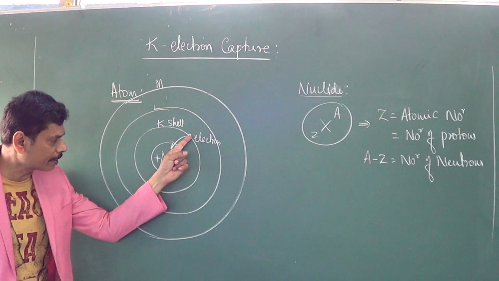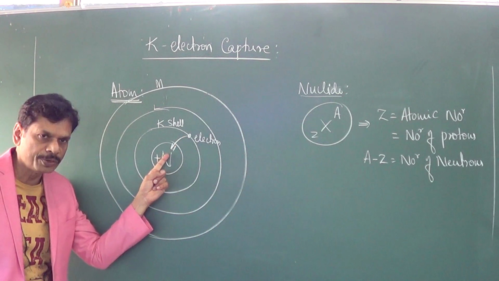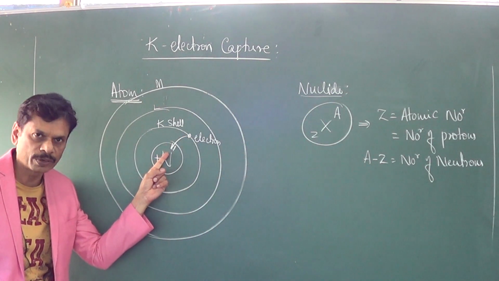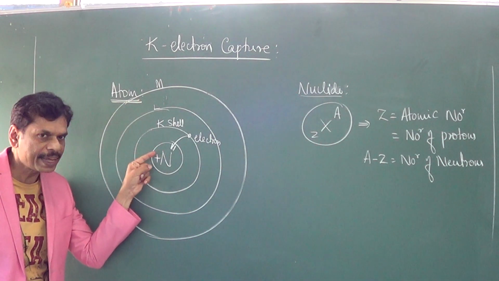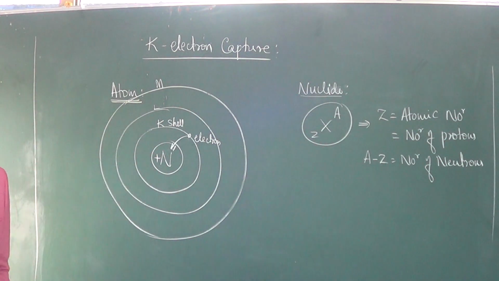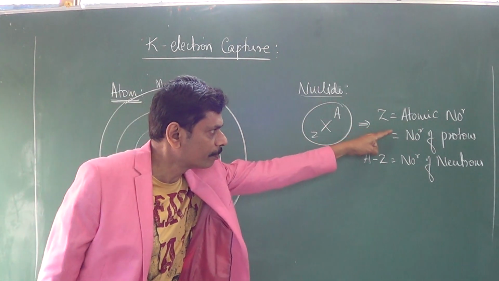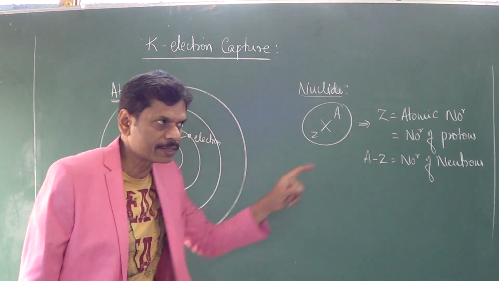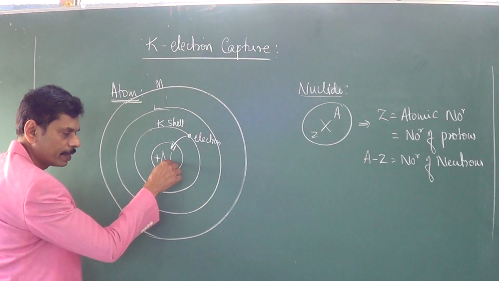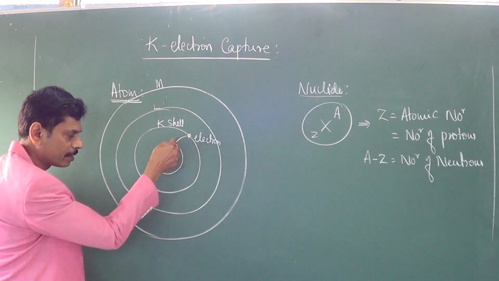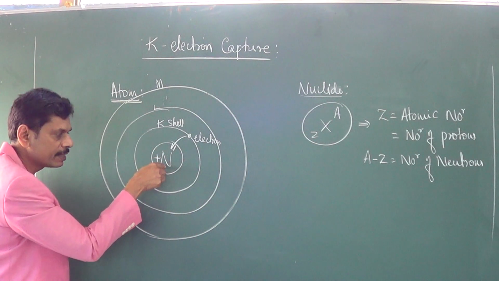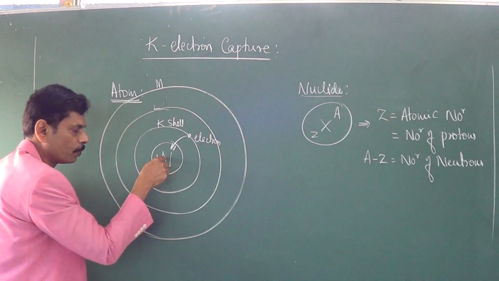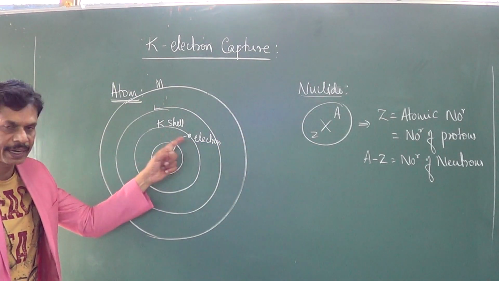Once this electron is attracted and falls inside the nucleus, it interacts with a proton, because protons are present inside the nucleus. The electron is absorbed by the nucleus.